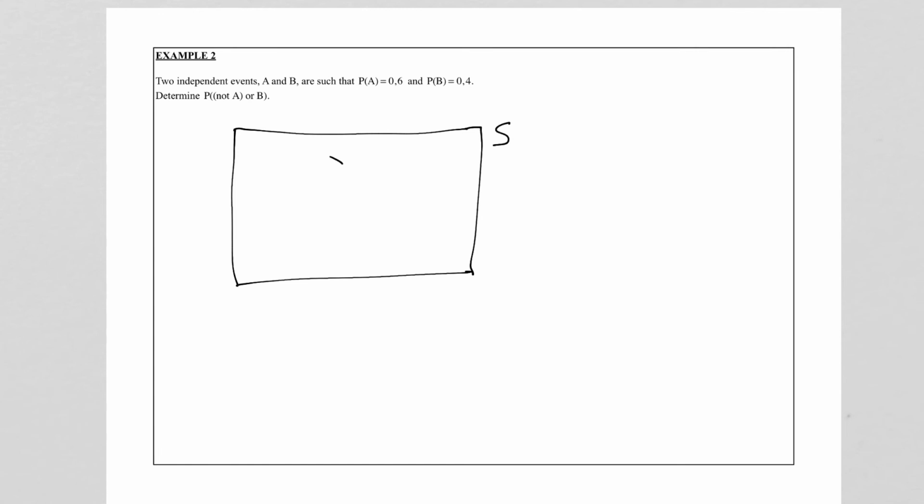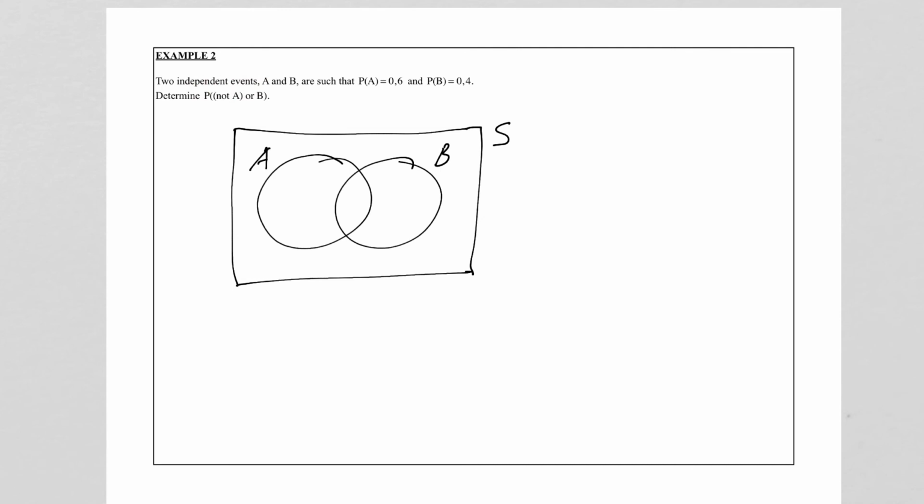This is my sample space, and this is event A, this is event B. We always want to start with AND, but as you can see, AND was not given to us, but it's given to us that the two events are independent.